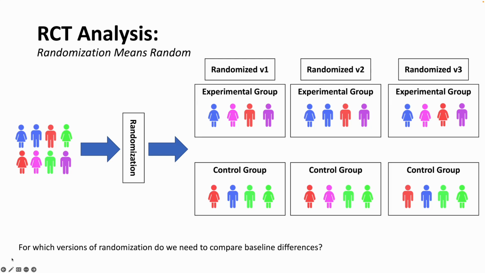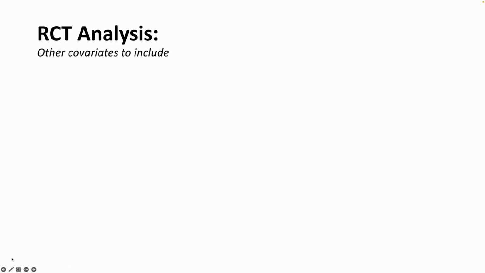In each of these three different randomizations of groups, which one do we need to compare baseline differences? The answer is none of them, because we never need to compare baseline differences using hypothesis testing. Yes, it's good to know what those groups look like, but it's not something that we need to control for or base any sort of hypothesis testing on in order to look at our data.